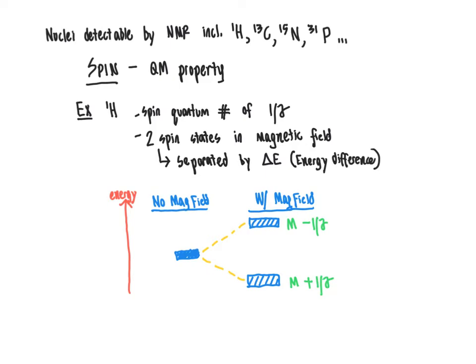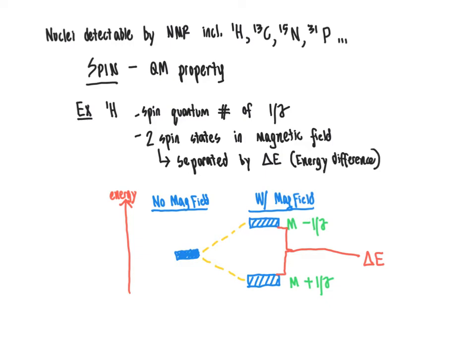And the important information here is the difference in energy between those two spin states. What we are measuring here and interested in, that's going to give us ultimately information about the structure of the molecule, is that delta E value, the difference in energy between the plus and minus spin states for that particular nucleus.